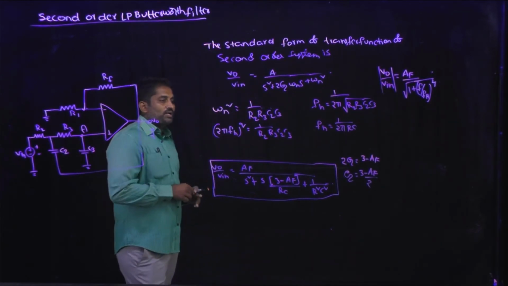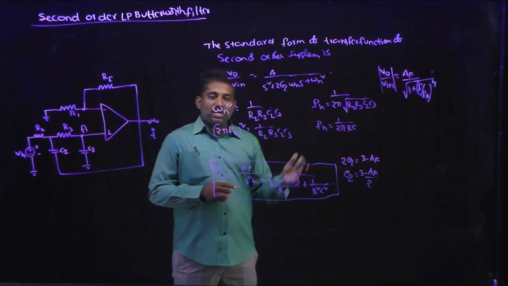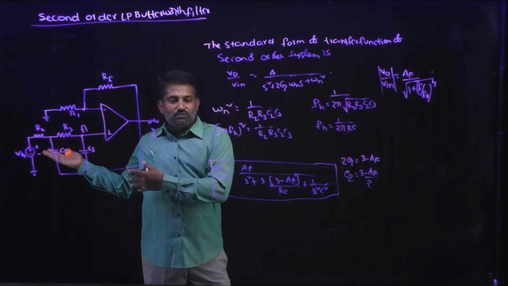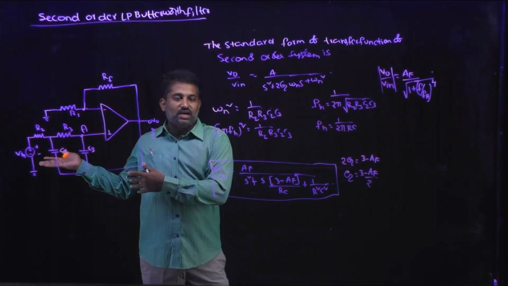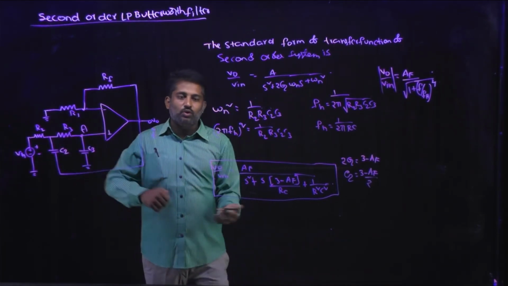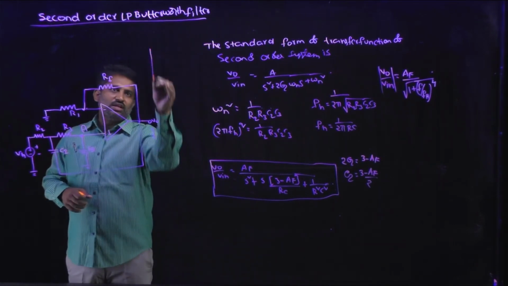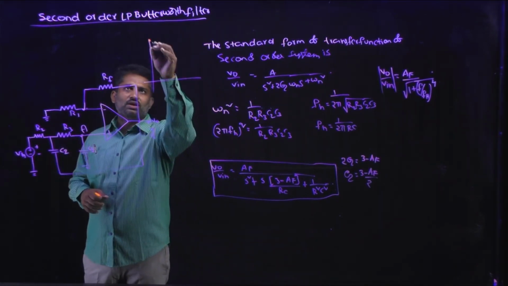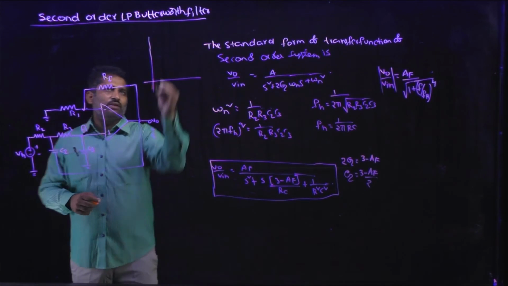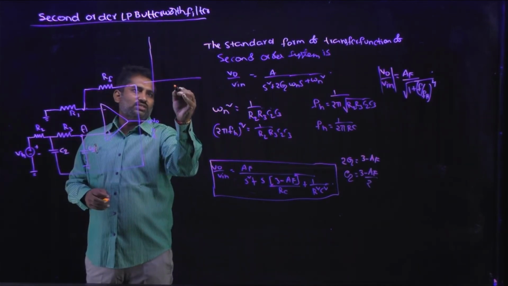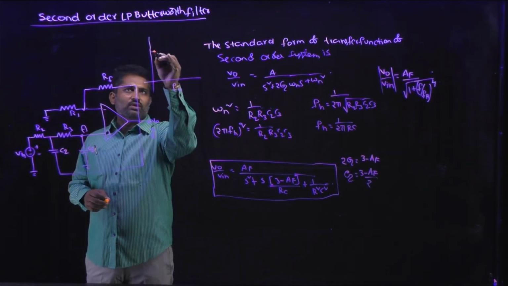So now what I am going to do is the same as what we have done for the frequency response of the first order filter. Here also I am going to draw the frequency response for the second order filter. Until the cutoff frequency FH, the gain will be constant.